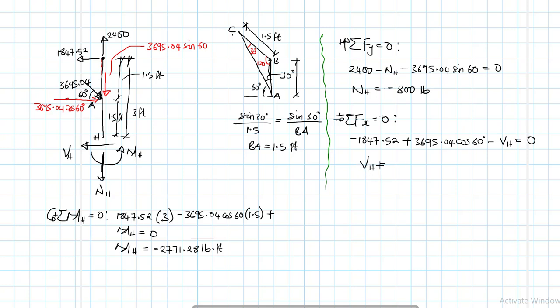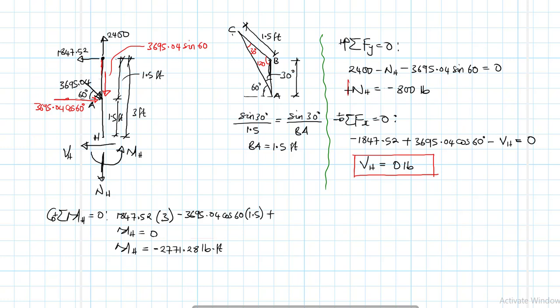Therefore, our VH is going to be equal to minus 1847.52 plus 3695.04 cos 60. Right, so our VH is equal to 0 pounds. Alright, so we have VH equal to 0 pounds.